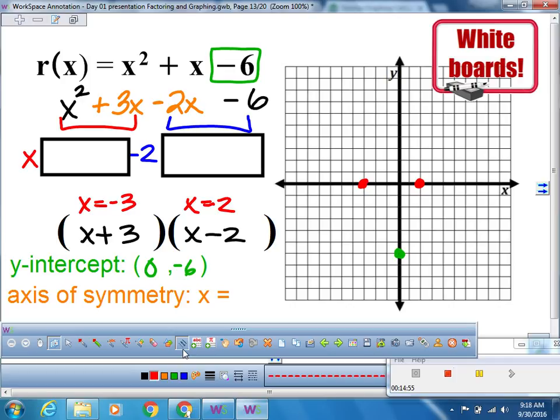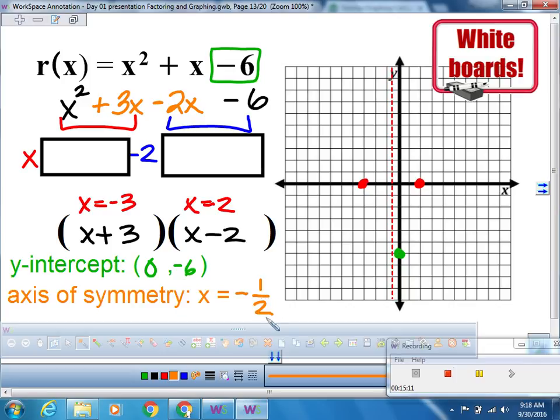So I'm just going to count with my fingers. Look, it's another half one. So my axis of symmetry is actually at negative 1/2. Or I could put negative 0.5, doesn't matter. Or negative 5/10. And then I also have symmetry here. And I can graph it.